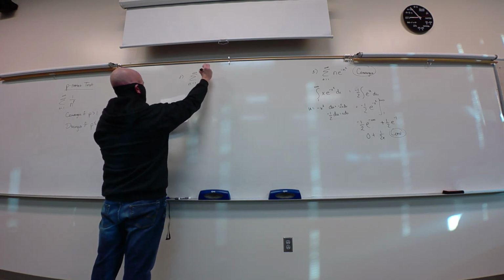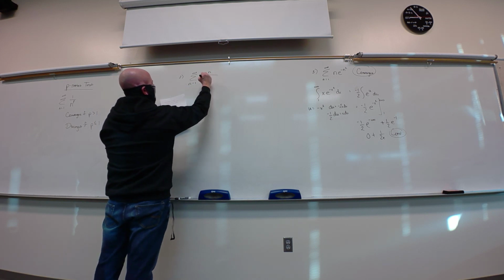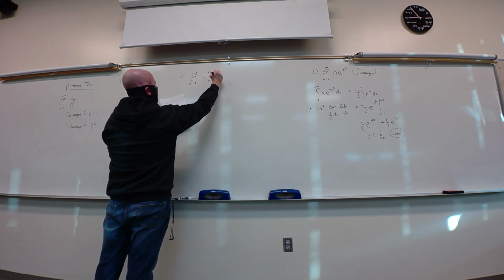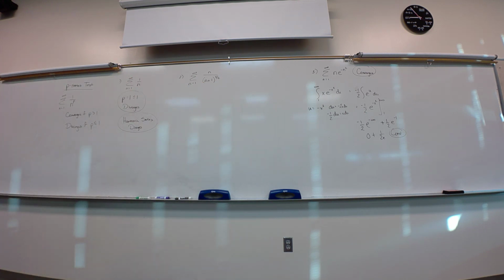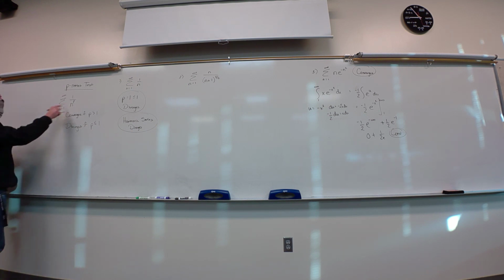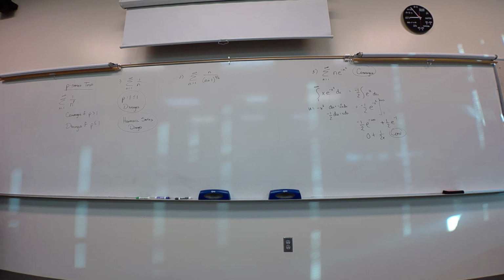Let's go 1 to infinity, n over n plus 1 to the 5/2. Now this doesn't really look like a standard P-series because it's not just 1 over n to the p, but I can make it look like that. I'm talking about an infinite number of values. Does the plus 1 really matter?